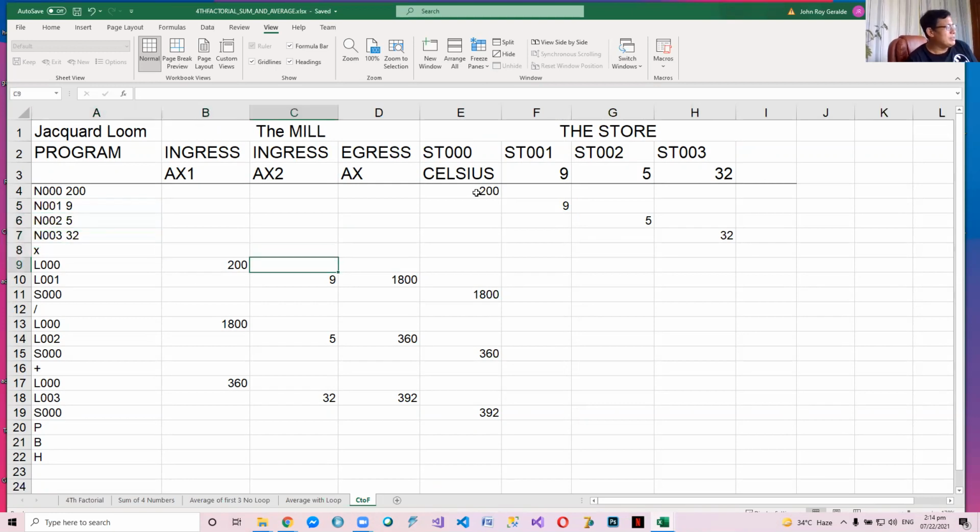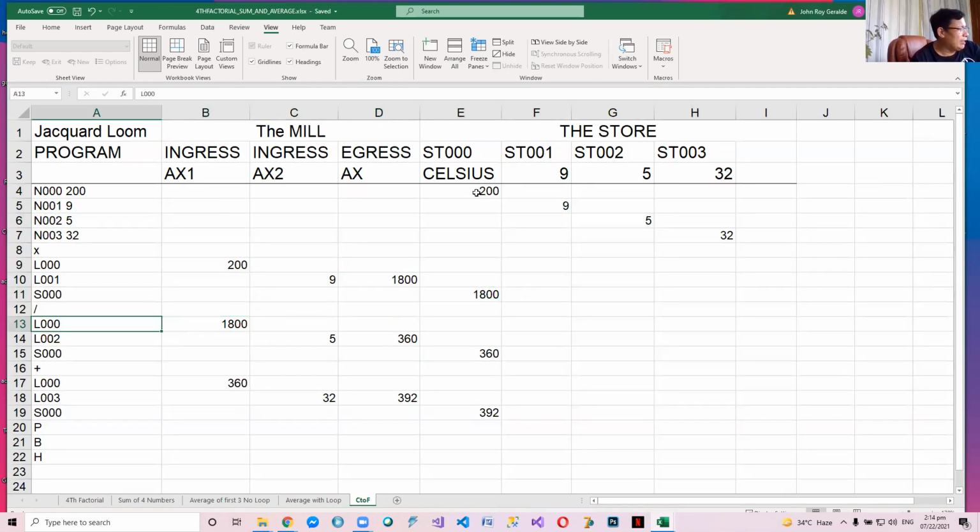So first we multiply L000 with L001. That is 200 times 9, which gives us 1,800, and we store the 1,800 in ST00. Then divide it by 5.